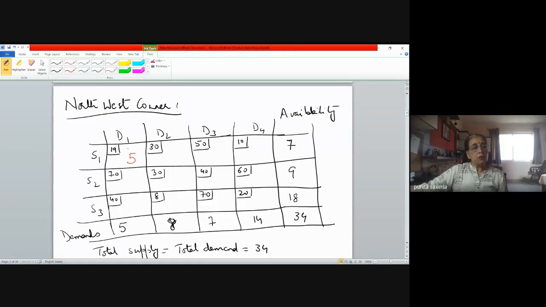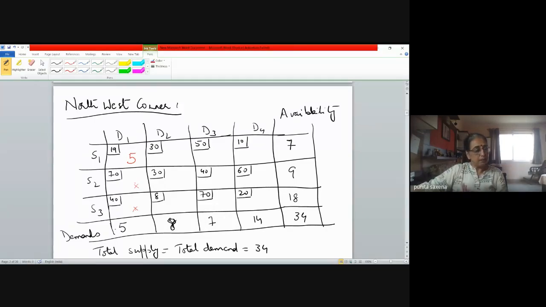Okay. Now what has happened? The demand of destination 1 has been met. It doesn't need more, so it doesn't need any other supply from S2 and S3. I'm just putting a cross here because we are not making any allocations here. You may leave it blank also. It is just for our understanding that I have put a cross here, because this 5 has been met.